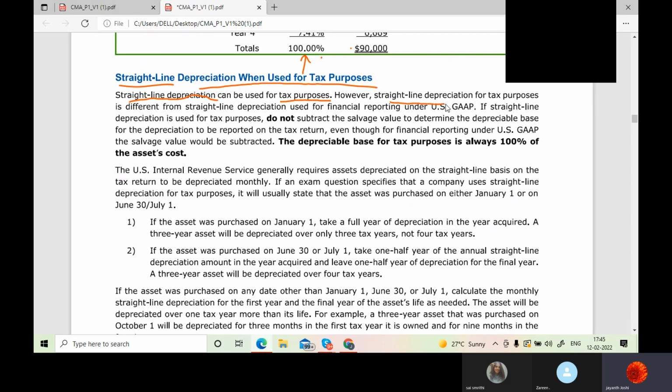However, straight line depreciation for tax purpose is different from straight line depreciation used for financial reporting under US GAAP. You prepare financial reports at the end of the year. There even you depreciate your asset based upon straight line method. And when you file a tax return, there even you have to depreciate your asset with straight line method. So the procedure here is different when compared to this. Why? Because here US GAAP is what you follow. Here you follow the tax codes or rules.